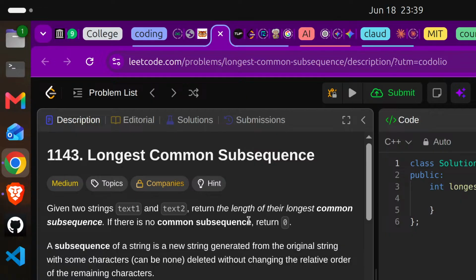Your output is 1, okay. I think we should watch the lecture video of Striver for this. What's a good question here?